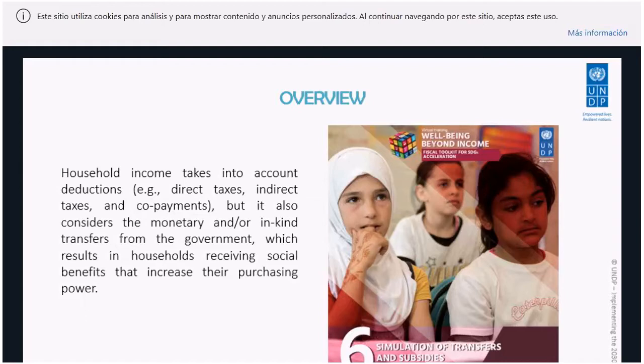That understanding is quite complex and varies dramatically from place to place. This second part, which is social spending and subsidies, is probably even more complex.